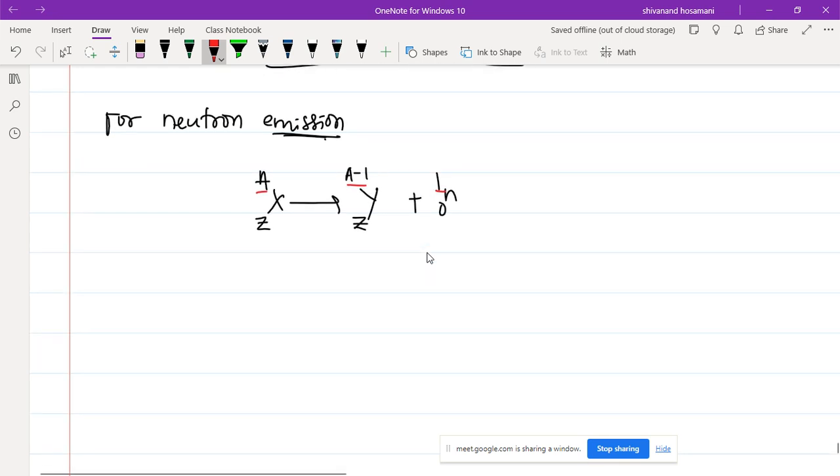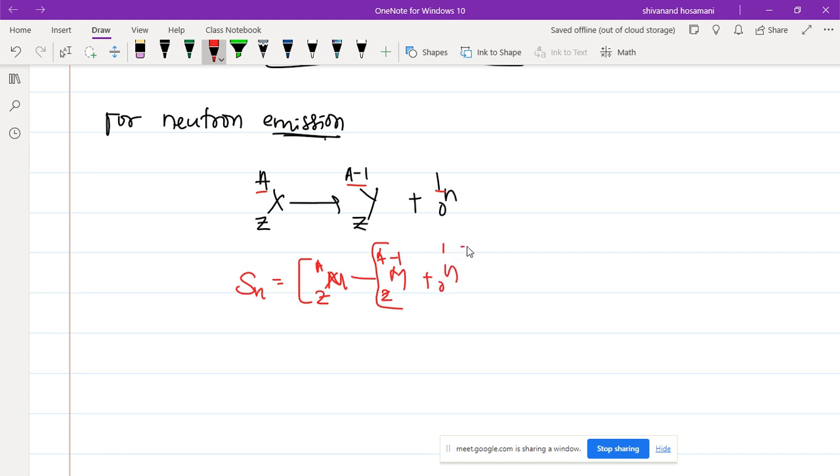How do you write the separation energy in this case? Sn is equal to the mass of X with A, minus the mass of X with Z and A minus 1, plus the mass of the neutron. This is the separation energy.